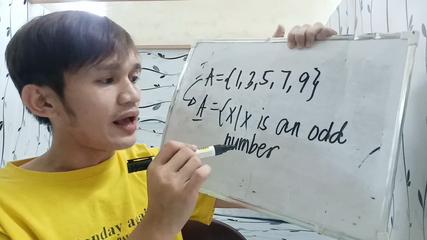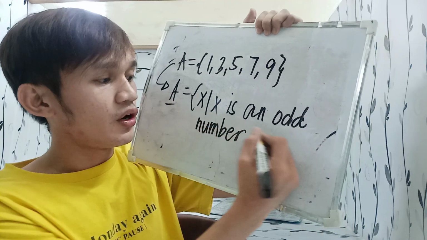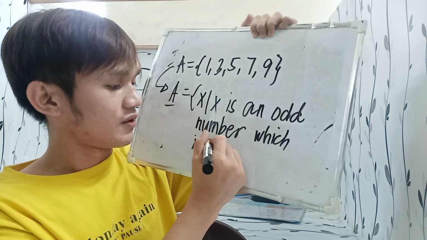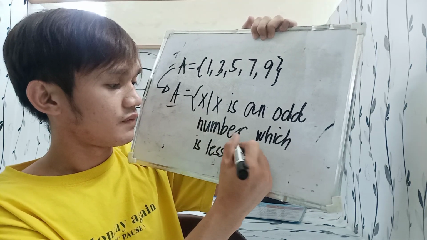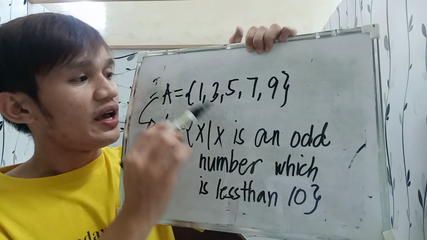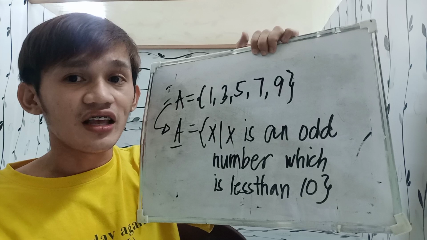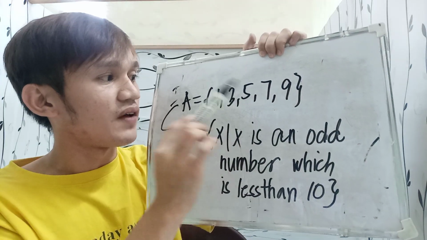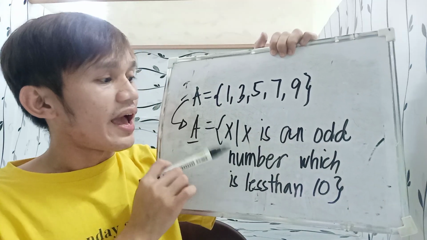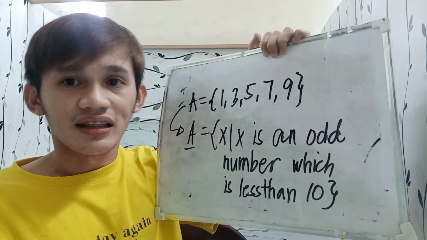So instead of writing just that it is an odd number, you are going to write odd number which is less than 10. Because in the set, 11 is not included, 13 is not included, but 9, 7, 5, 3, and 1 are the only odd numbers that are included. So x such that x is an odd number which is less than 10.